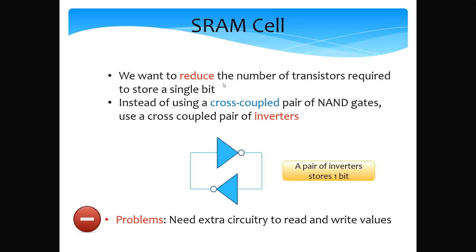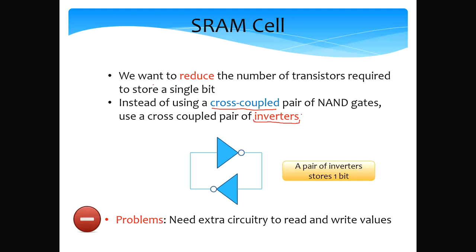To reduce the number of transistors, instead of using cross-coupled NAND gates as was the case in flip-flops, we use a cross-coupled pair of inverters, which does the same thing, but we need some additional circuitry, as we shall see.